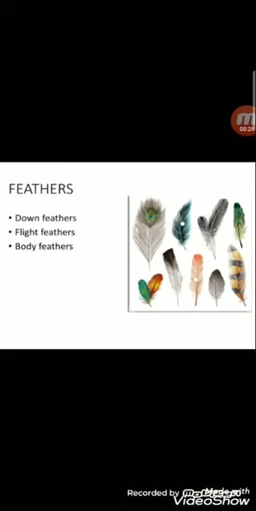Down feathers cover the entire body of a bird and keep them warm, and these down feathers are very soft, very small and fluffy. Flight feathers help the birds to fly. Body feathers cover the entire body of a bird and give it a shape. इससे क्या होता है, जिससे birds को shape मिलता है.